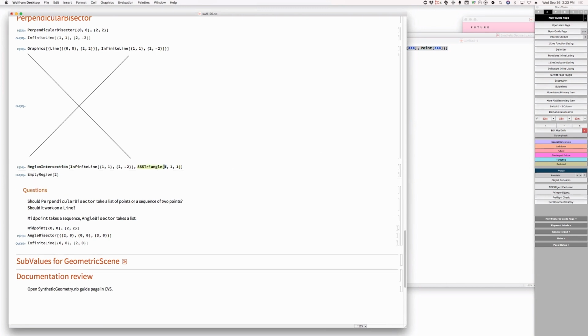What the heck does that mean? A two-dimensional empty region? Why is that an empty region? Well, let me make my triangle bigger. My gosh, that's actual math. Wow, that's cool. Does anybody know we can do this? Yes.